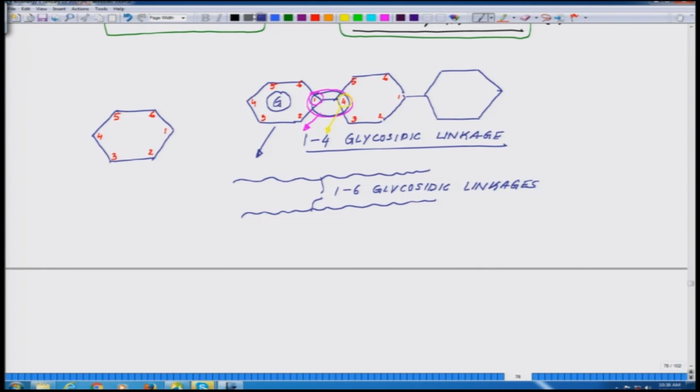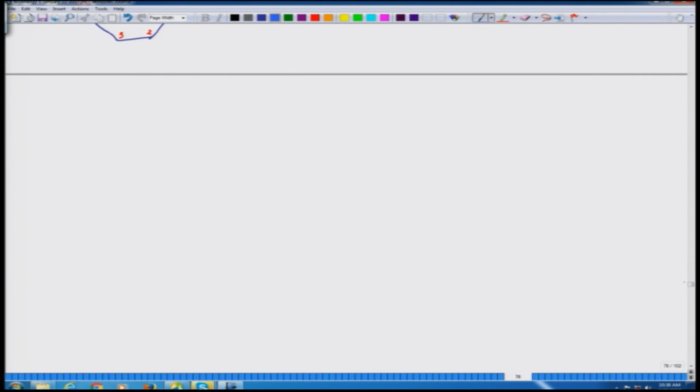Another glucose molecule somewhere out here with 1, 2, 3, 4, 5, 6. So if there is a bond which is formed between this one and this one, then those are called 1,6 glycosidic linkages.